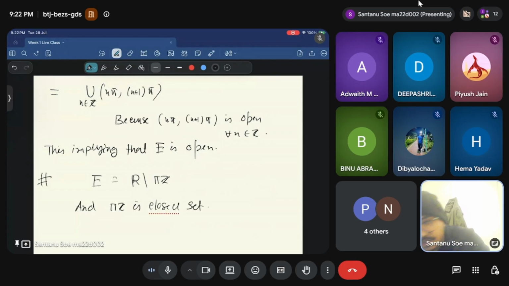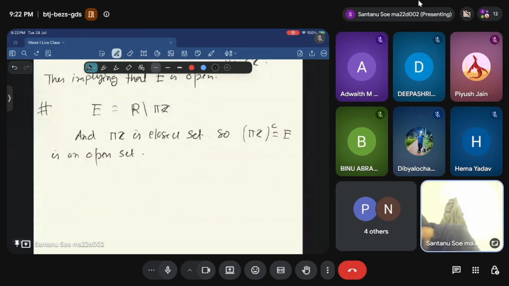The complement of a closed set is open. So the complement of pi Z, which equals E, is an open set. Is it clear to everyone?